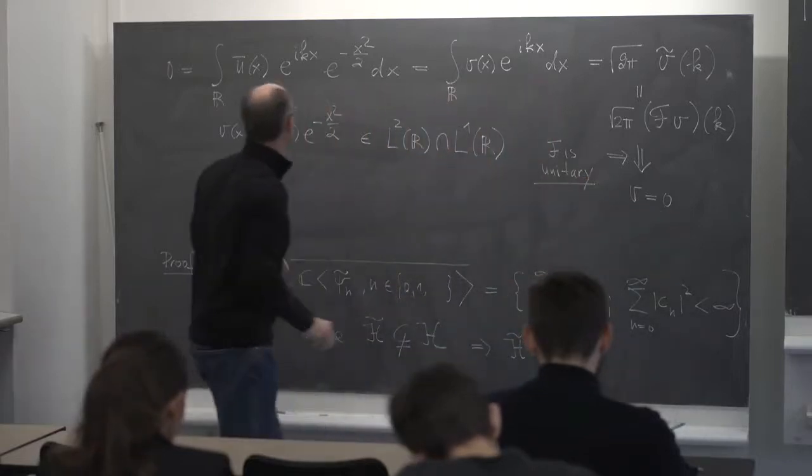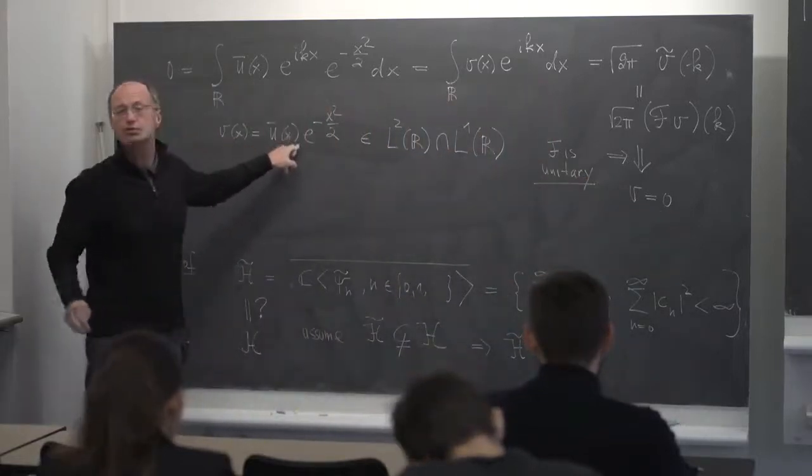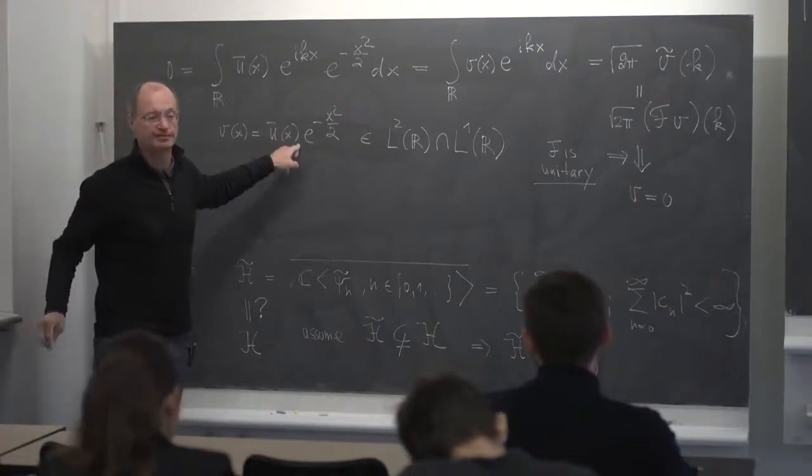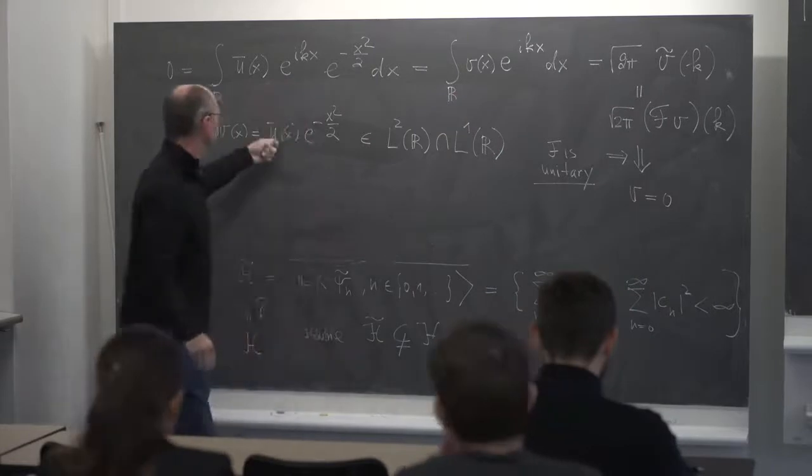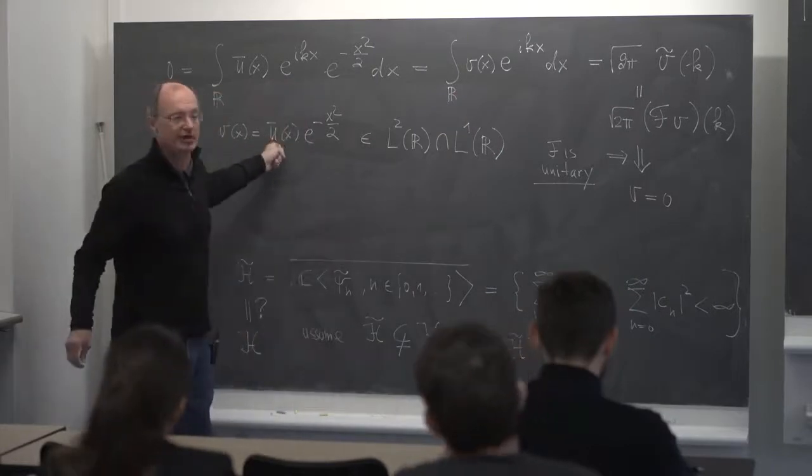But if v was 0 to start with, this means that u was 0 to start with, because v is 0 almost everywhere, so u is 0 almost everywhere.